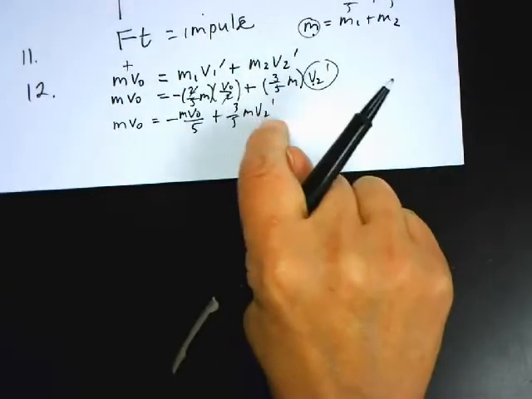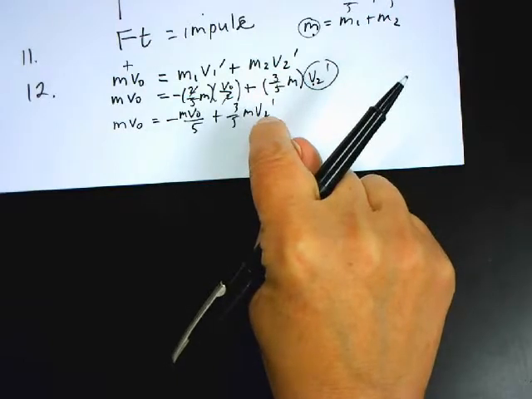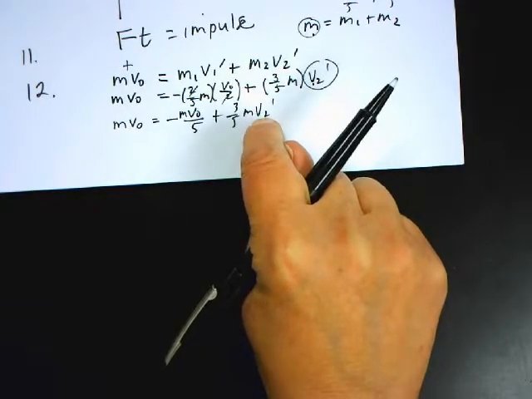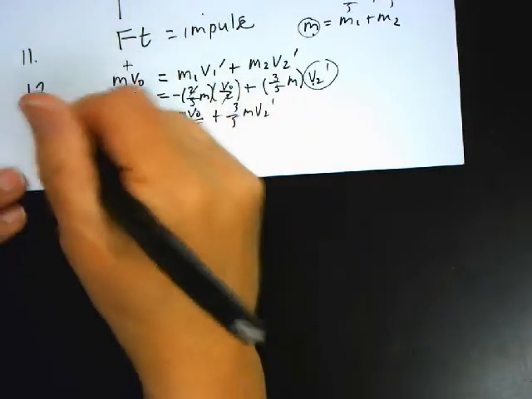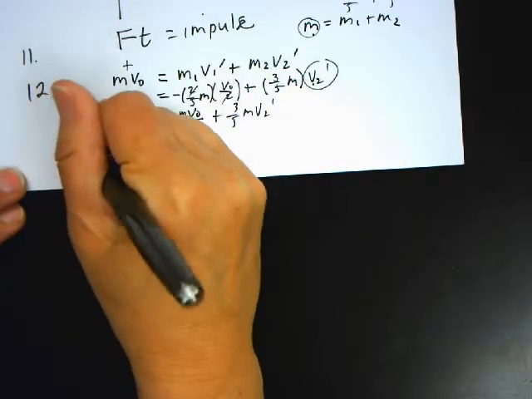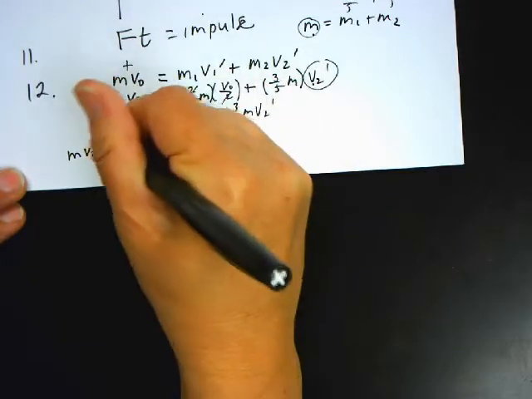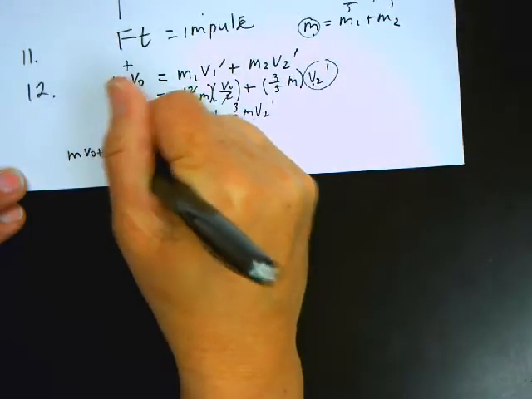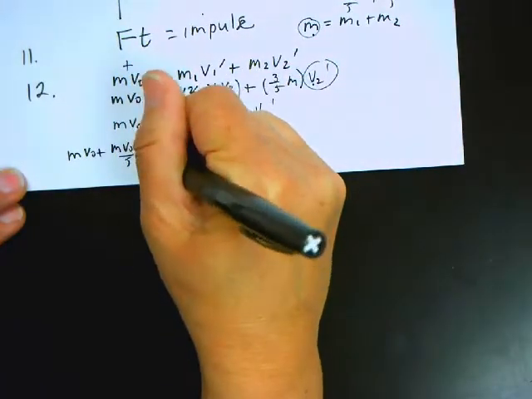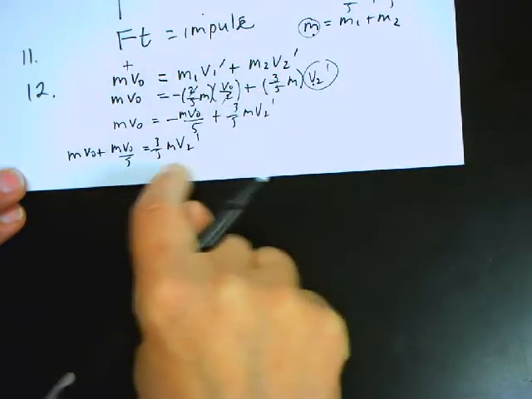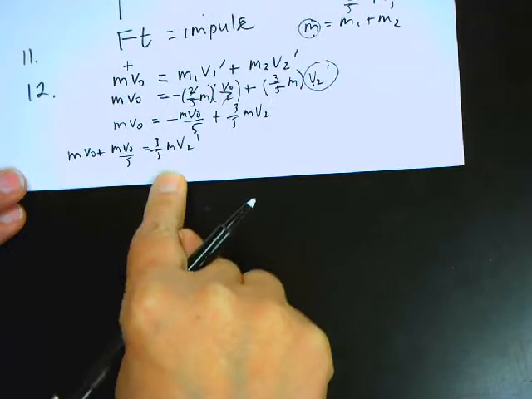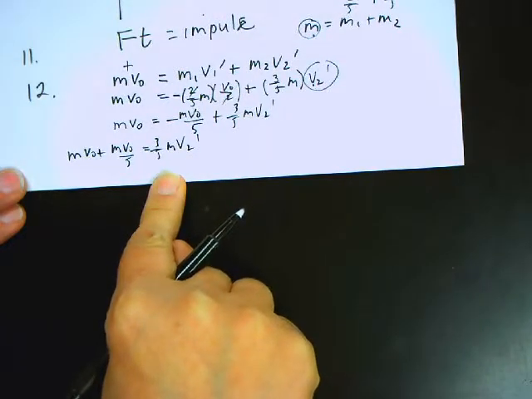What I want to do is get the v on one side by itself, and get rid of all the m's. So first I'll move this over, so I'll have m v naught plus m v naught over 5 is equal to 3/5 m v2 prime. I want to get rid of the 5, so multiply.